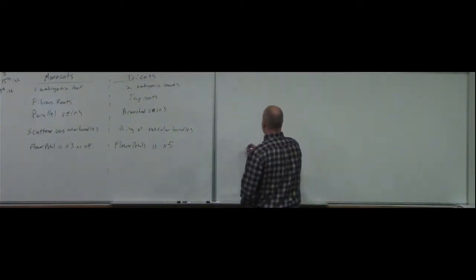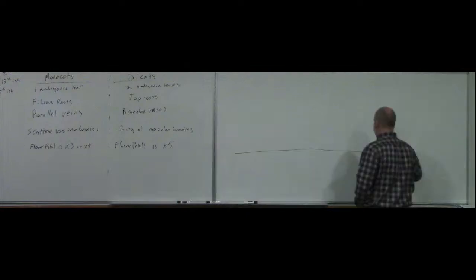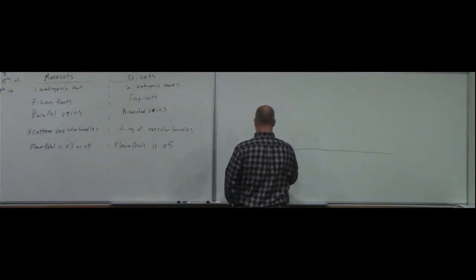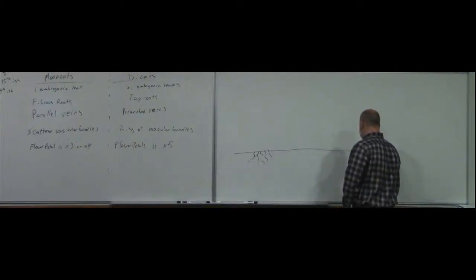Start at the root level. A monocot is going to have roots that just do this. Whereas a dicot is going to have a root system that looks like this.